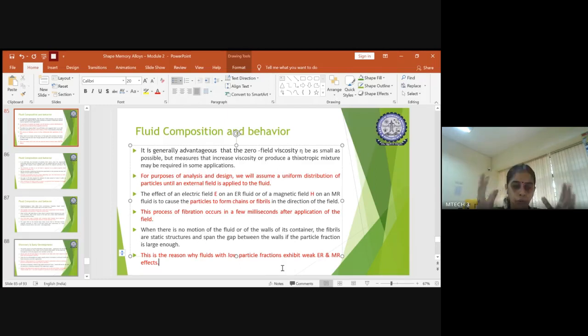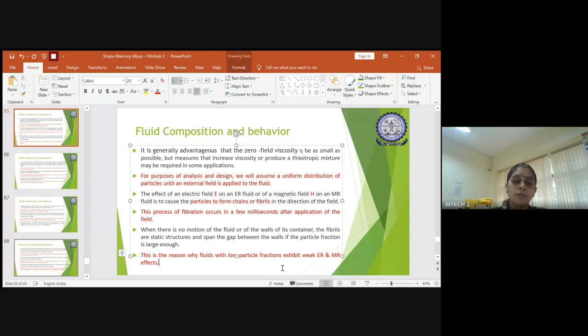But if you have a composition with the right combination of 70% fluid and 30% particles, then these particles will be uniformly distributed, and when subjected to an external field, they form a proper structure with reasonable gapping, so that the viscosity will be as per the requirement and it provides a good ER or MR effect.